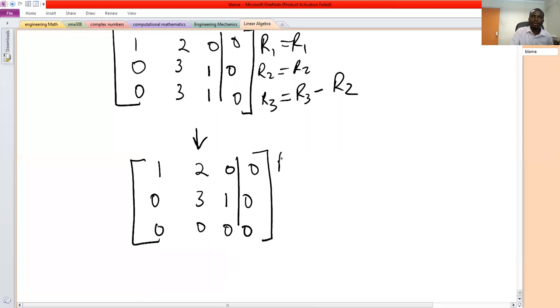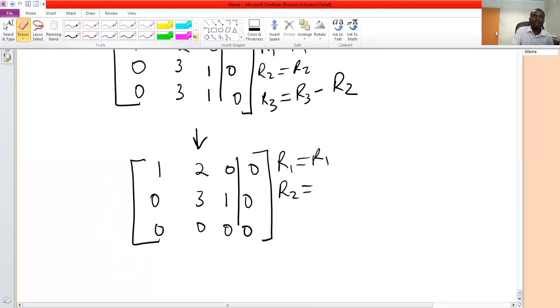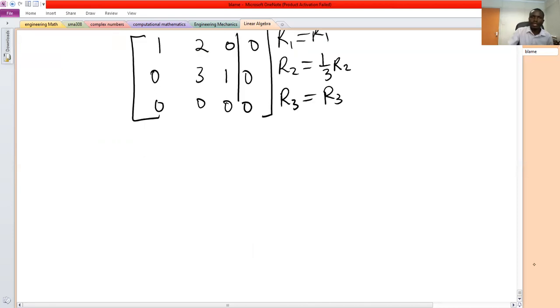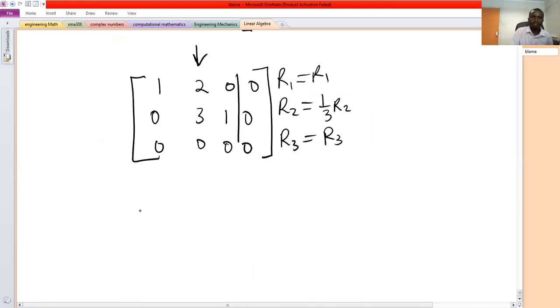And then next step, I say row 1 to be row 1, row 2 to be row 2 times a third, so that I ensure that the leading element is 1. So I say a third row 2, row 3 remains to be row 3. By doing that, I'll have 1, 2, 0, 0, 0, 1, a third, 0, 0, 0, 0, 0.